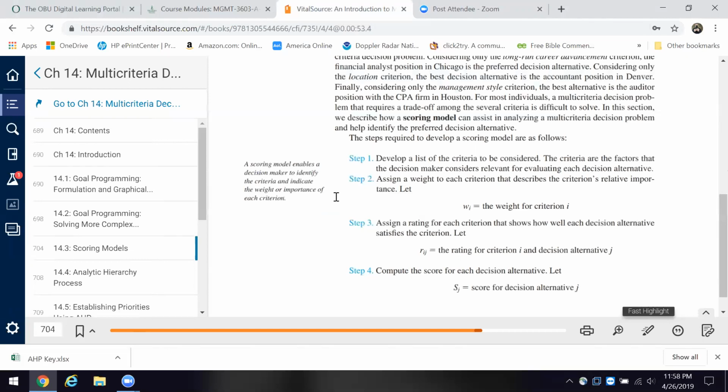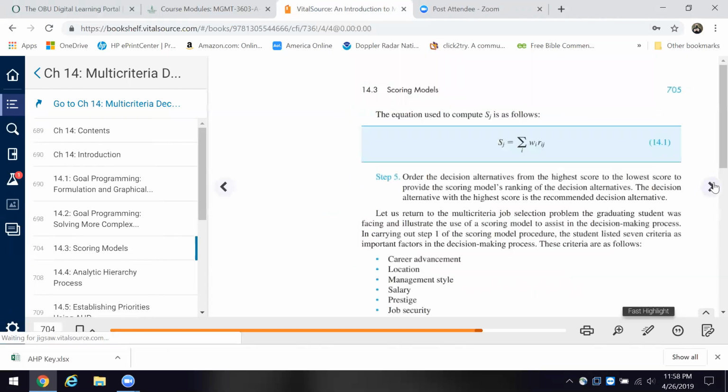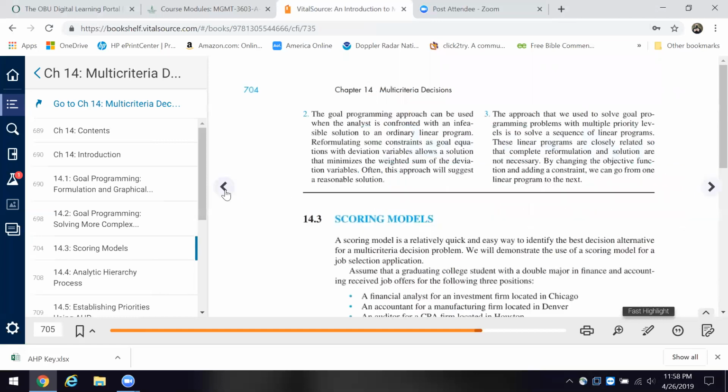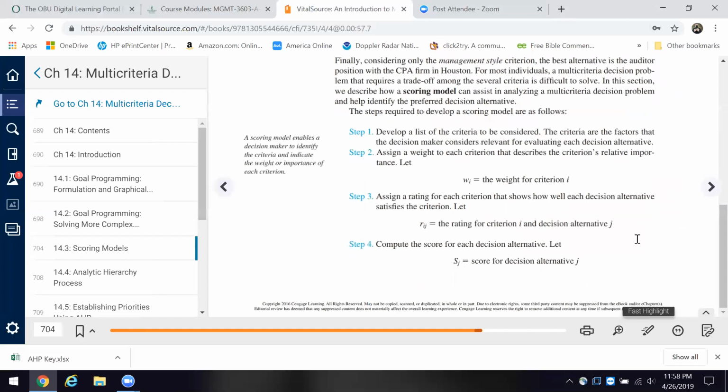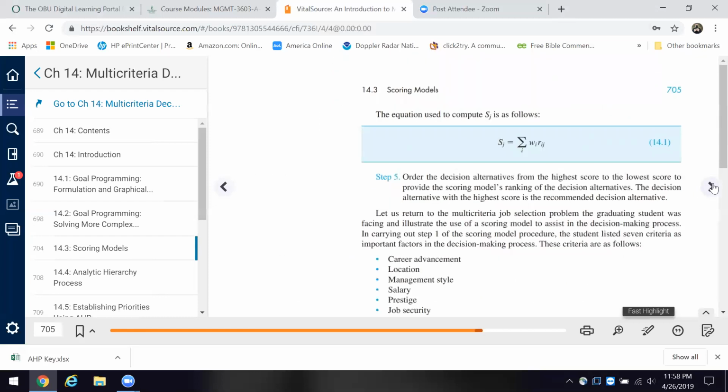So we're working with that kind of data and that type of mentality. Well, let's move on here. And they've got some weighting for the criteria, and the rating for each criteria and decision alternative. And here we get the model for the first score. That's for each decision alternative.